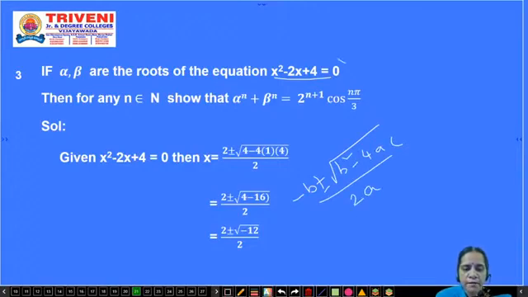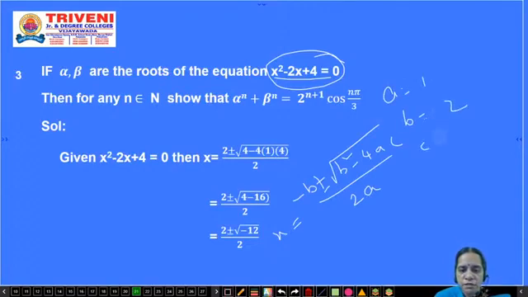Normally you have to find the roots by factors like that, but this formula you have to use here. Here the value of a is equal to 1, b is equal to minus 2, c is equal to 4. We have to substitute the value of b, in place of b is minus 2.